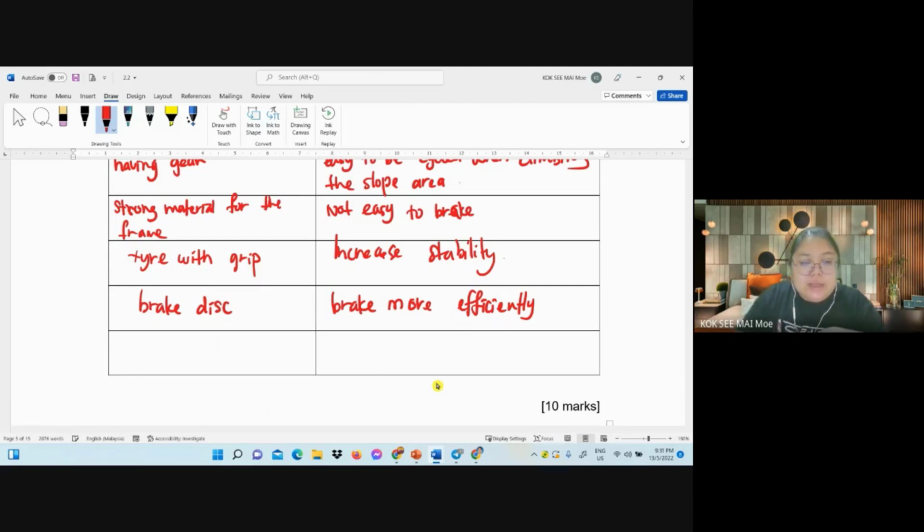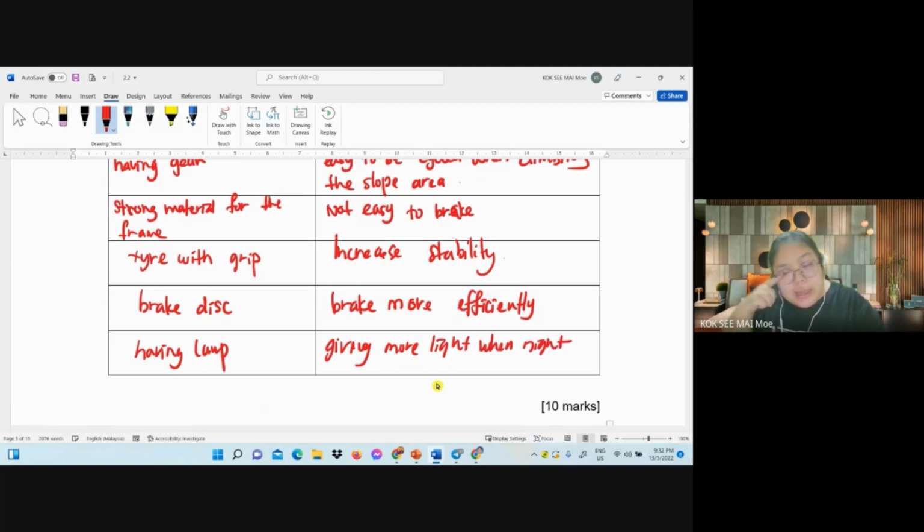Okay, another one you can say having the lamp. Normally they have the lamp. Why? Having the lamp can give you a clearer view when you move in a dark area. So they say it's giving more light at night.